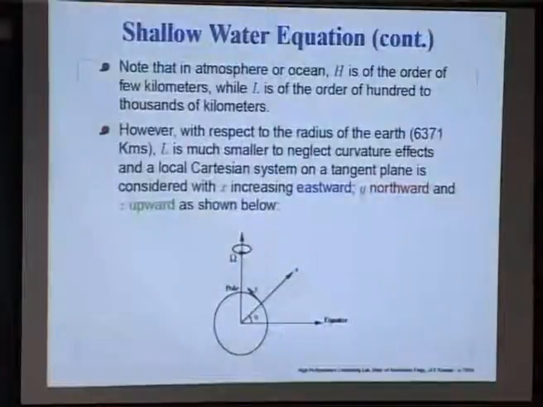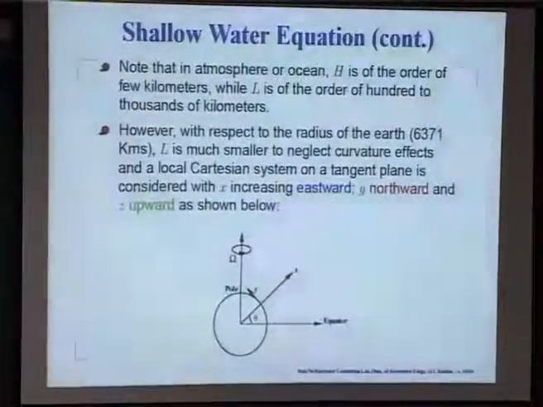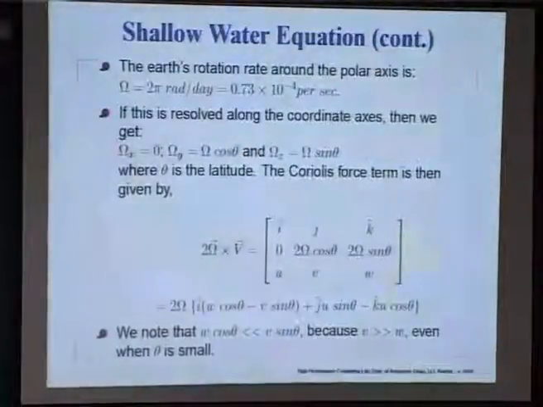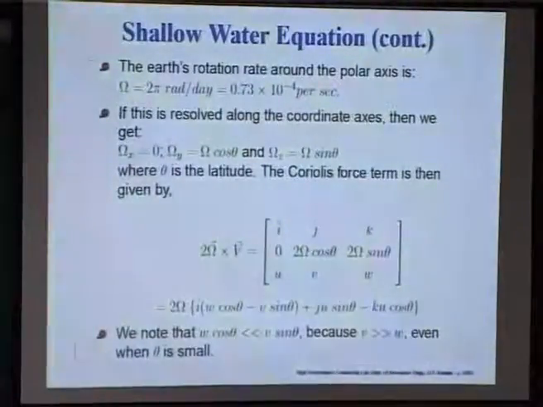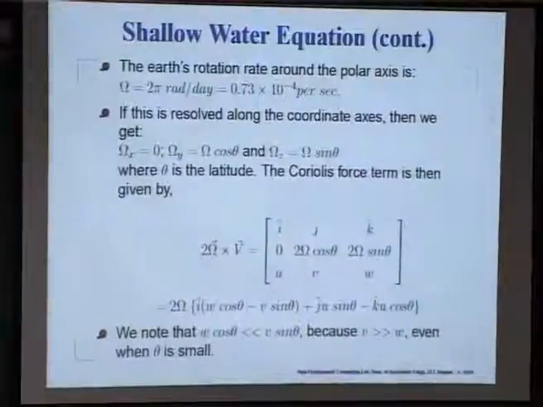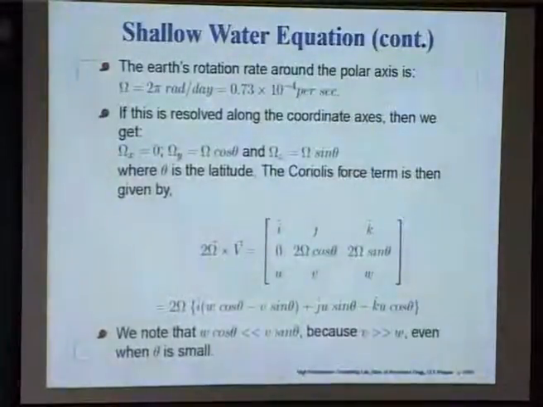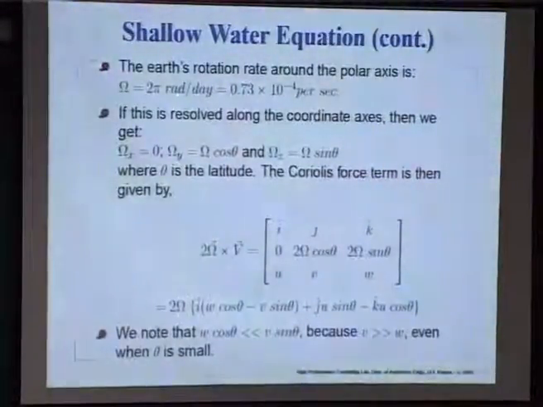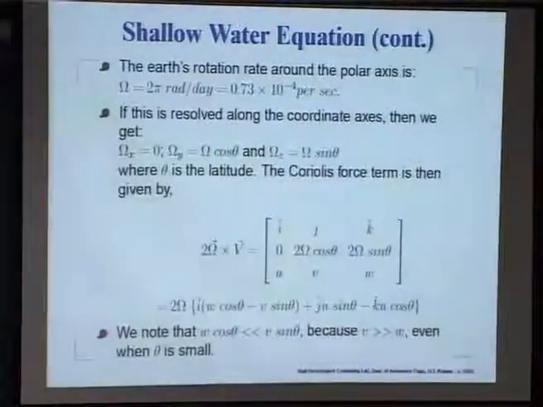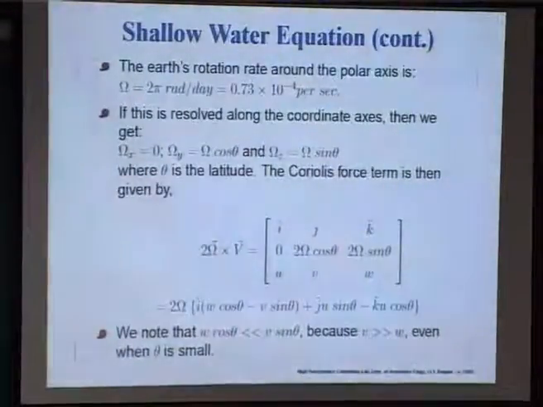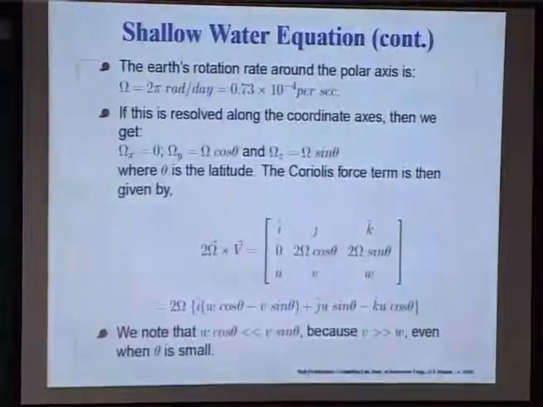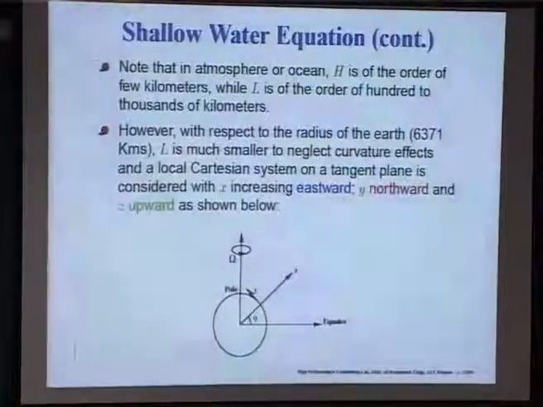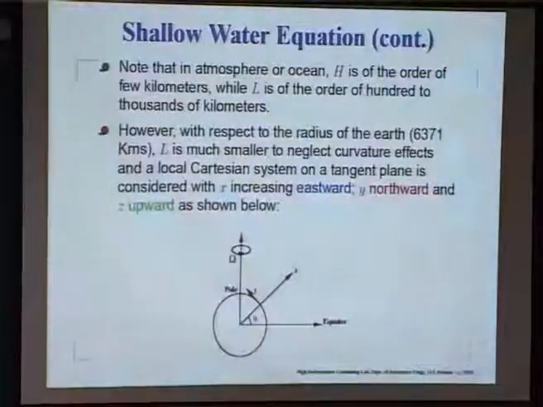Okay. So, having decided upon this coordinate system to work with, we have also noted the Earth's rotation rate is a very fixed amount, 2 pi radian per day, and it is in this direction, right, in the polar direction.